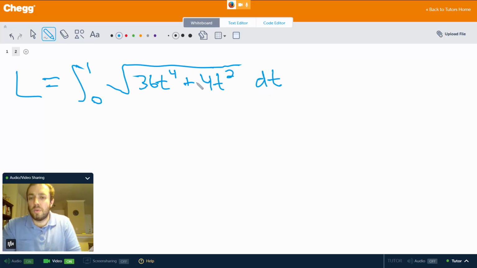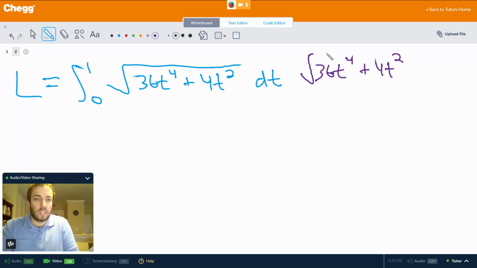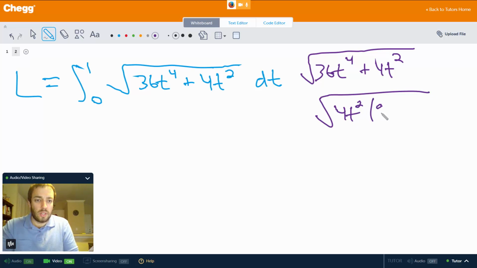Okay, so now what I want to do here is factor out a 4t squared. So let's come off to the side and write that. So 36t to the fourth plus 4t squared, let's put a square root on that too. If we factor out a 4t squared, then we're going to have 4t squared times 9t squared plus 1, right?